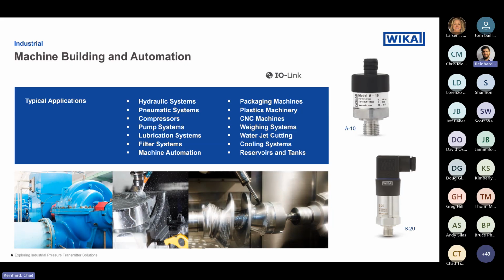So this is kind of a catch-all market throughout all of the US, but things like hydraulics, pneumatics, compressors, pumps, those are the majority of them. But any of these applications are something that you would, generally speaking, turn to the A10 and S20 first as your most commonly placed product.